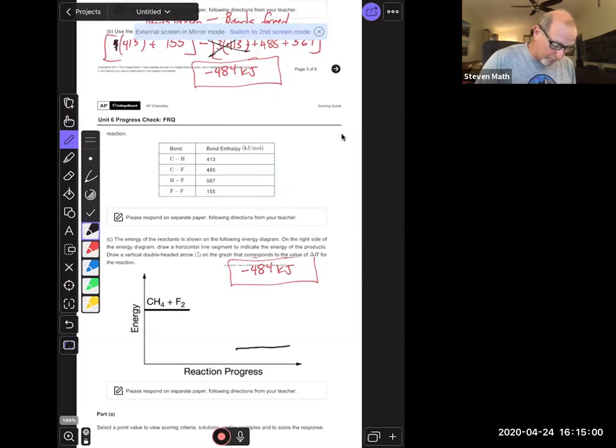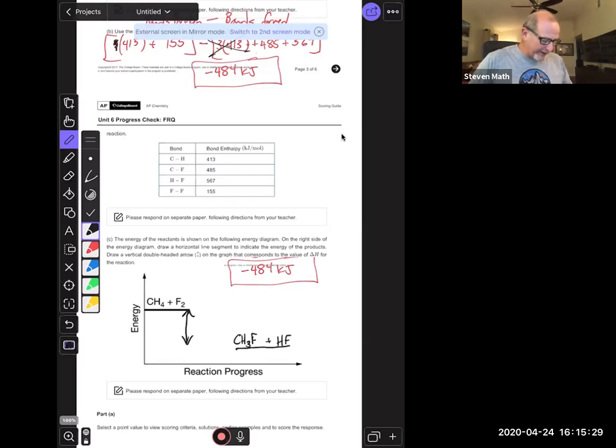And we want to put our products on there. So our products end up being HF plus CH3F. And then it says, draw a vertical double-headed arrow on the graph to represent delta H. And that arrow could be anywhere between the reactants and the products, but that's what we're looking for.